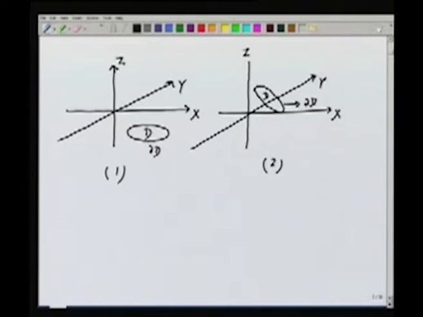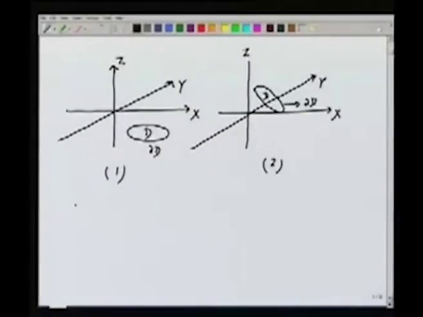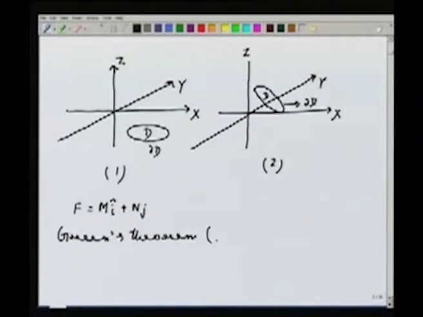Now to understand that, we need a restatement of Green's theorem, usually known as the vector form of Green's theorem. It is just as follows. Consider the function F, which is, as I said before, M i plus N j. Then Green's theorem states the following. This is called the vector form.